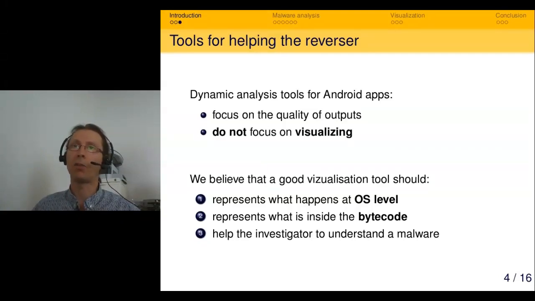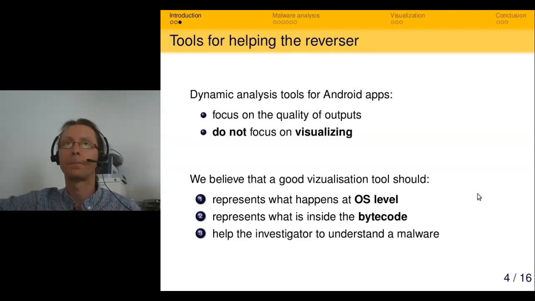In our visualization tool, we want to put two things that will be useful for the investigator. We want to put the operating system level, meaning to be able to observe what the malware is doing in the operating system. And the second thing we want to put is the bytecode itself. The combination of these two visualization parts will help the investigator to understand the sample he wants to study.